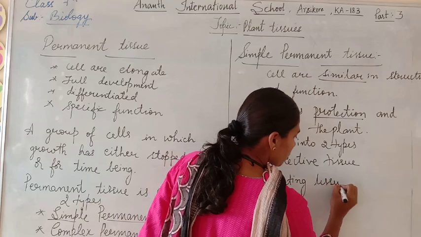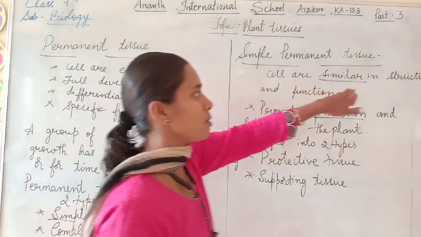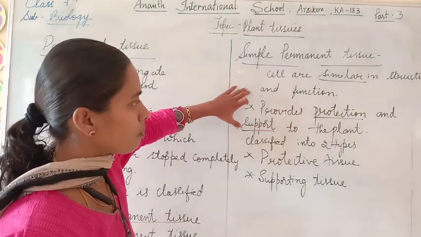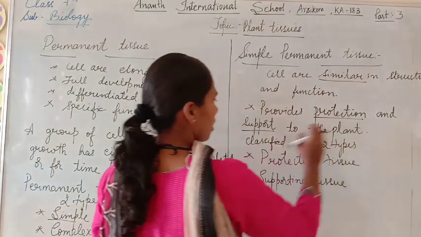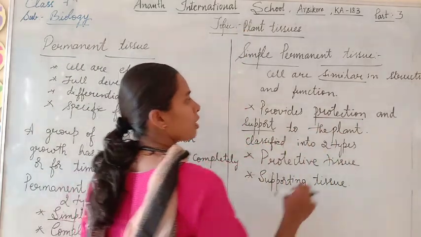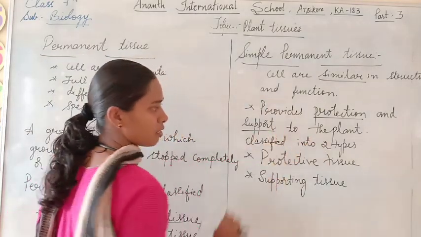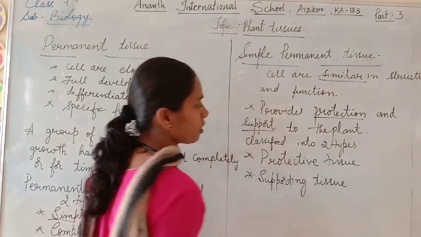So simple permanent tissue means the cells are similar in structure and function, and it provides protection and support to the plant. Based on this, it is classified into two types, that is protective tissue and the supporting tissue.